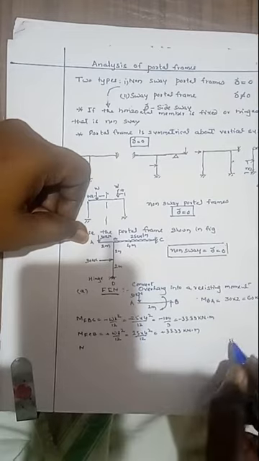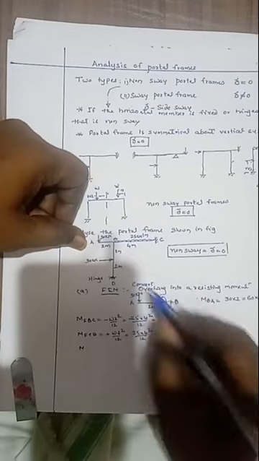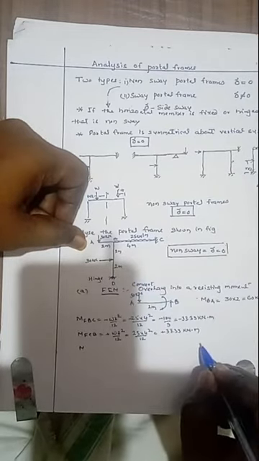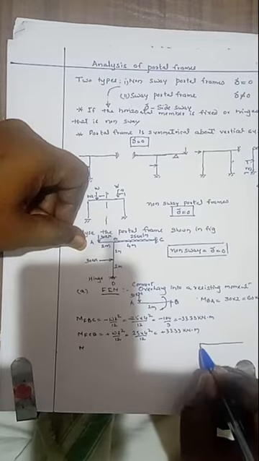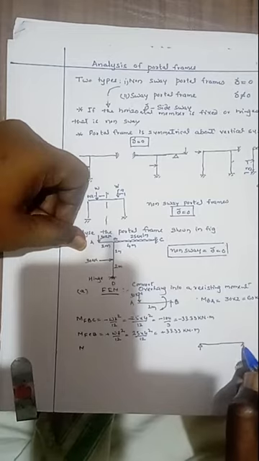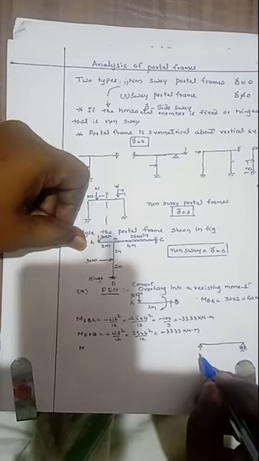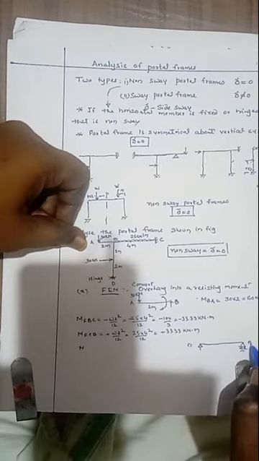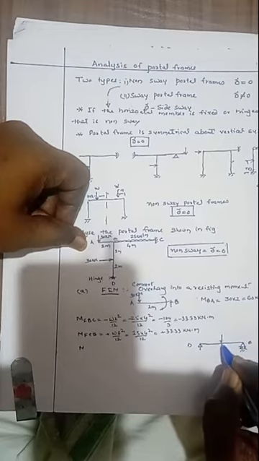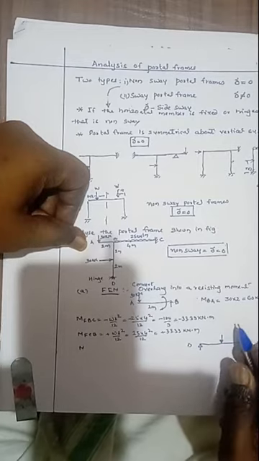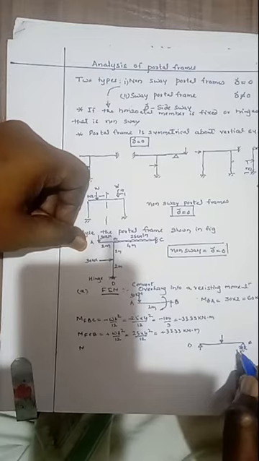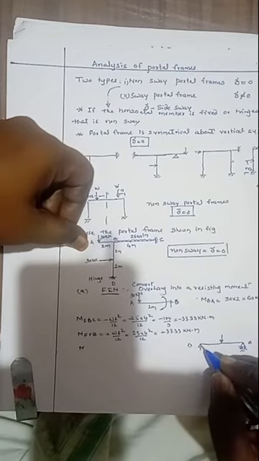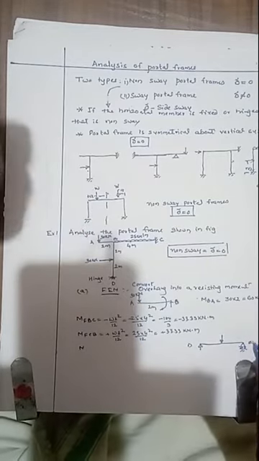Then MF DB: you may consider the vertical member as a beam like this. Here this one is the support, this one is hinge, this is D, and this one is B. You may consider this as a beam with simple support, where one end is a hinge and another one is a roller.